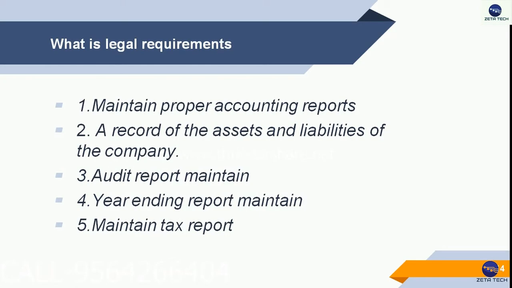First of all, maintaining a proper accounting report. Number two, a record of the assets and liabilities of the company. Next, maintaining audit reports, year-ending reports, and tax reports. This company concept will be clear when you discuss company code.